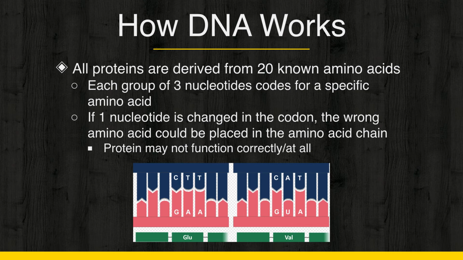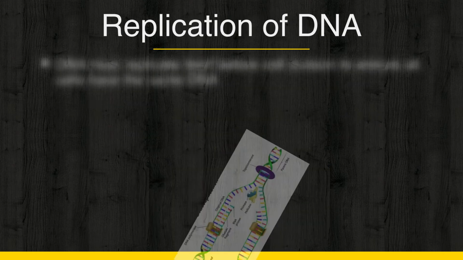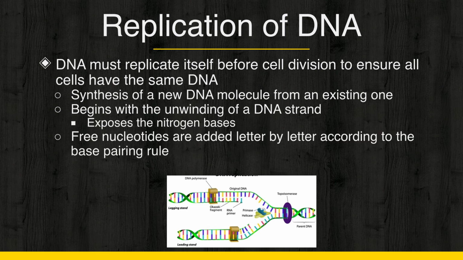So this process has to be exact, and the process in which the DNA is copied or made is called replication. DNA has to replicate itself before cell division can occur, and this helps to make sure that all of the cells in the body have the same DNA.